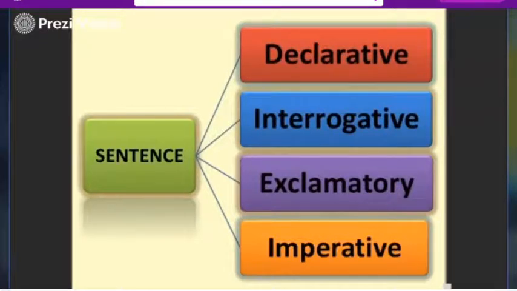Declarative sentence goes with a period, interrogative sentence with a question mark, exclamatory sentence with an exclamation point, and imperative sentences can be with 2. If it shows an emotion, it is with an exclamation point, and if it's only a command with a warning or a normal command, or instruction, it is with a period.